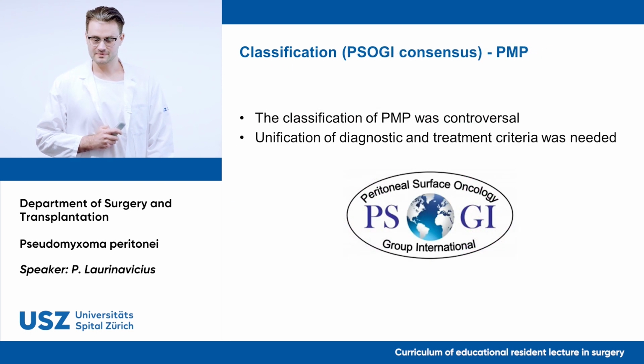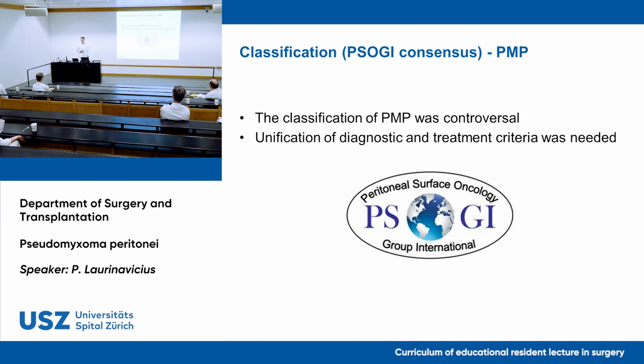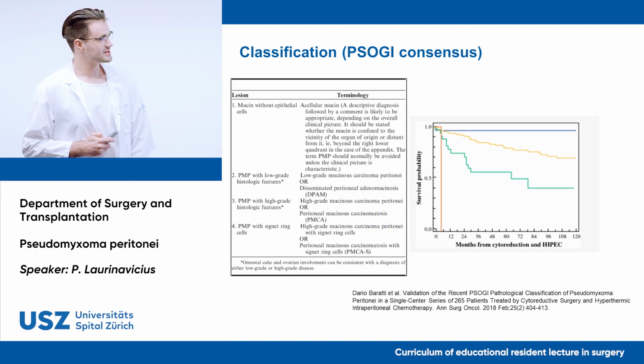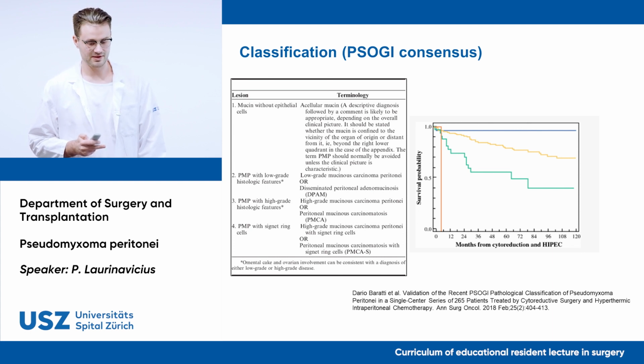The classification of PMP was not unified and controversial for a long time, till in 2015, the Peritoneal Surface Oncology Group International developed it together with 71 international experts from the whole world. This classification distinguishes 4 types of PMP.